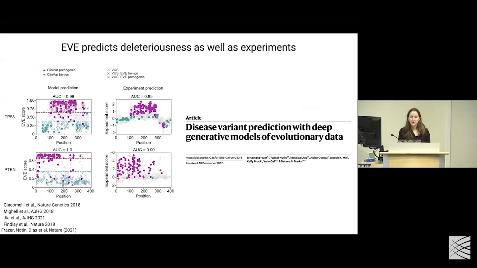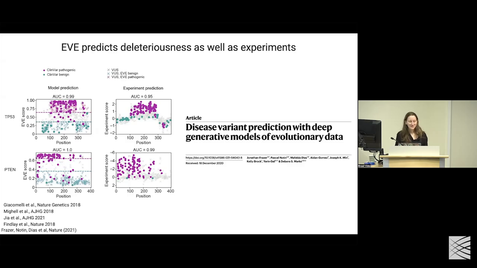So it does as well as the experiment. This model's not trained on the experimental data. We made the experiment to confirm this or to find new things. So in theory, you never needed to do the experiment, because we don't do experiments to validate our machine learning models.